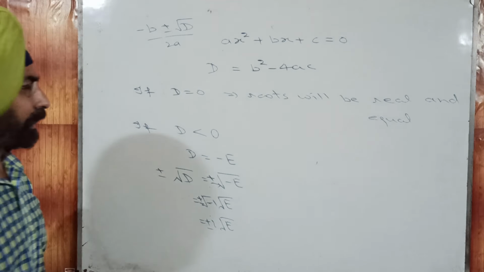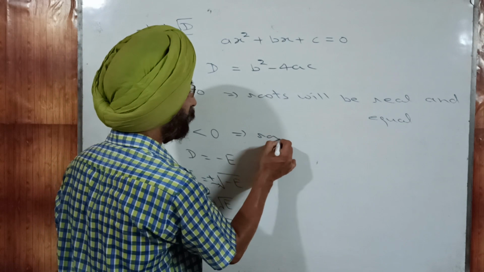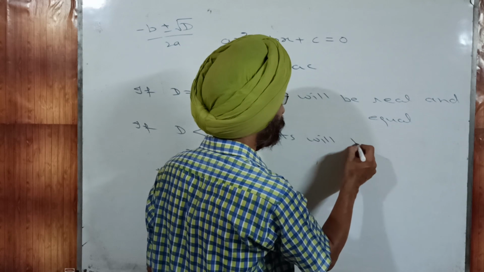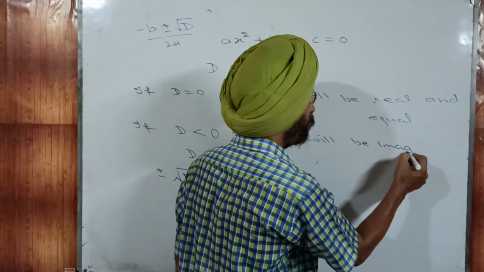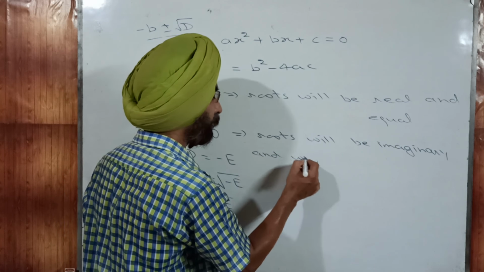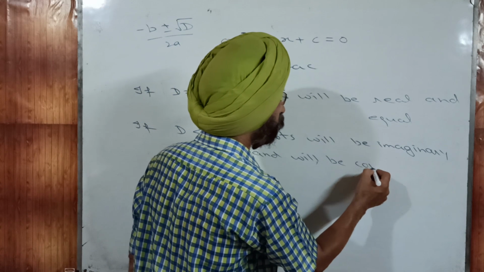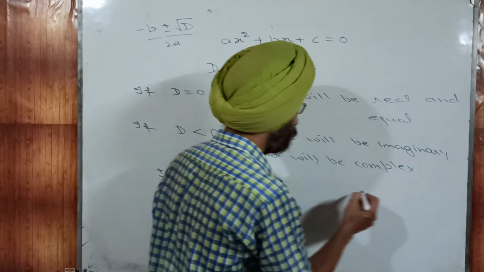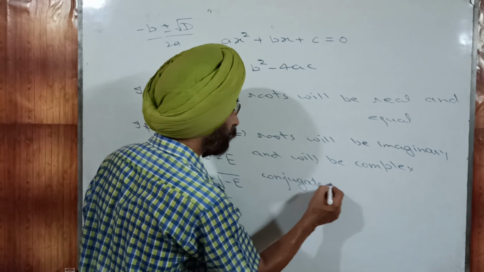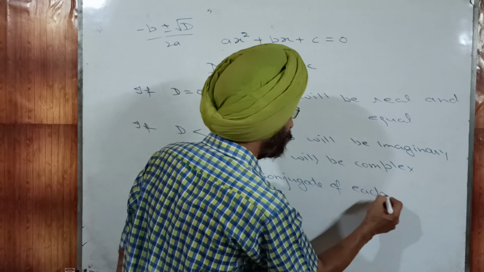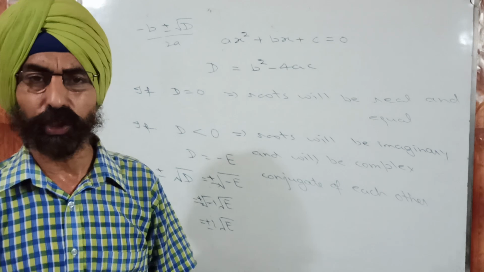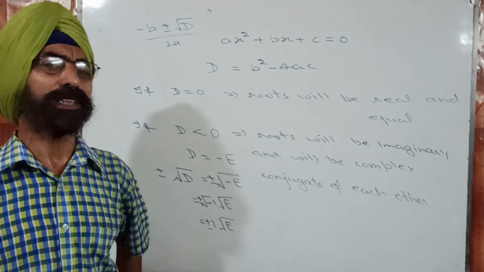So in this case, your roots will not be real, or you can say roots will be imaginary and will be complex conjugates of each other.